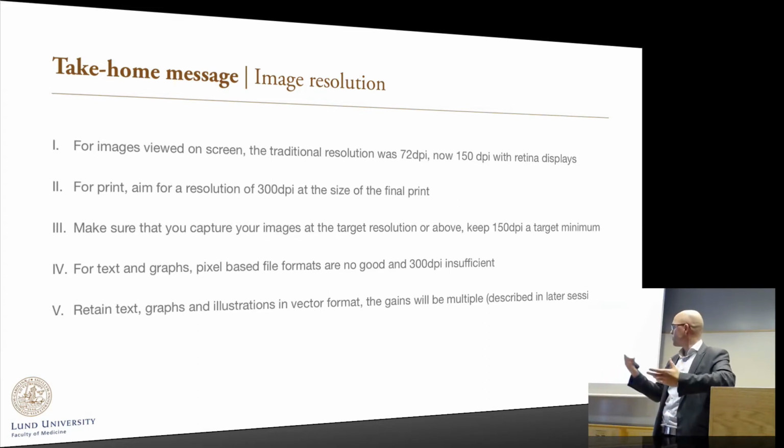So fonts, if you maintain them as vectors, they will print at 1200 dots per inch if your printer can manage that. And most printers can manage more than 300 dots per inch just because they want to print text smoothly. So they are minimum 600 dots per inch and normally 1200. So then the last one there is to really retain text and graphs and things in this vector format.